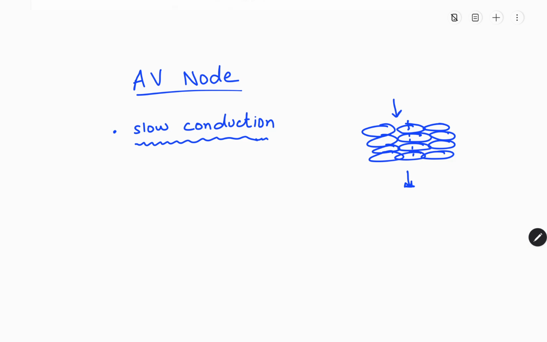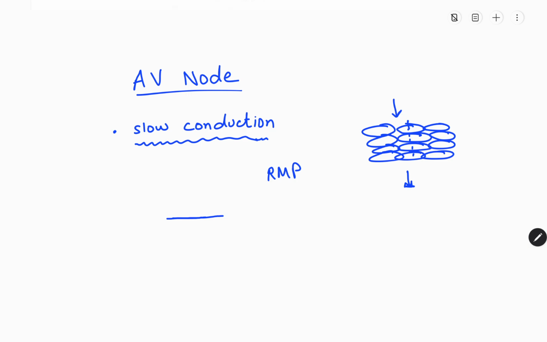So what will be the response of the current passing through the AV node on the galvanometer? Due to a lot of resistance and slow conduction, there will be electrical silence. As we have seen earlier, like in the resting membrane potential, there will be this electrical silence.